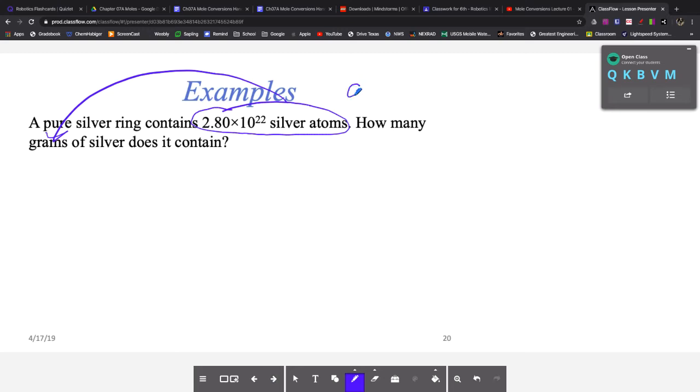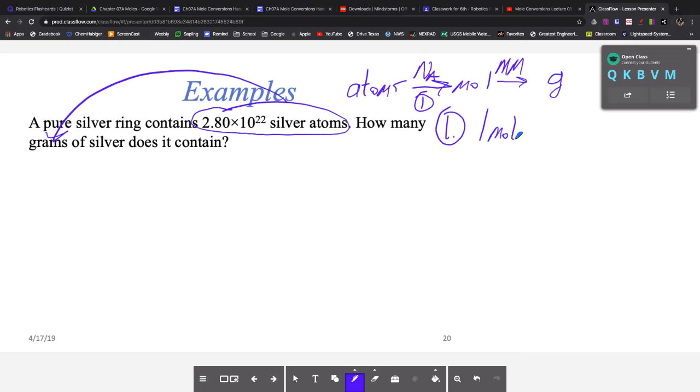So to go from atoms to moles, we're using Avogadro's number, and then going from moles to grams, we're going to use the molar mass. So in our first step, Avogadro's number is the number of particles in 1 mole.